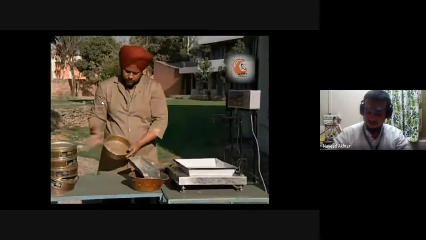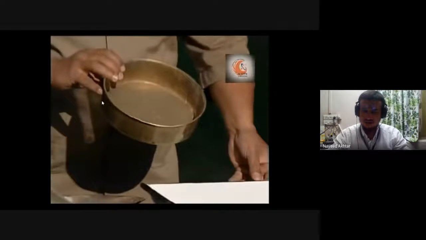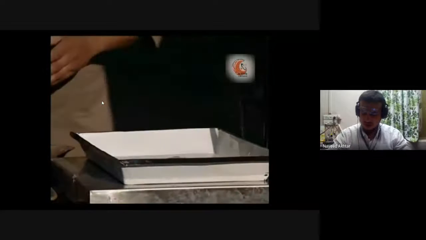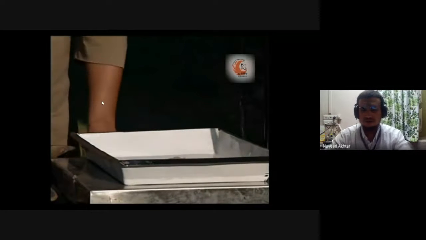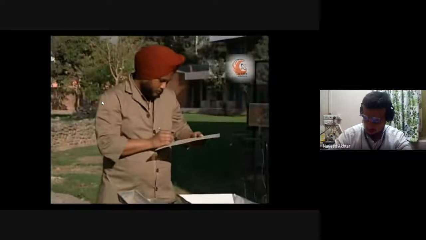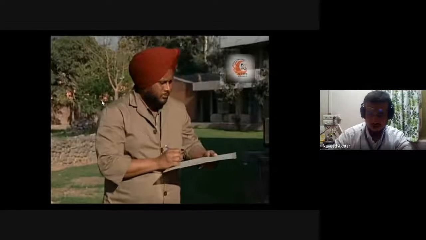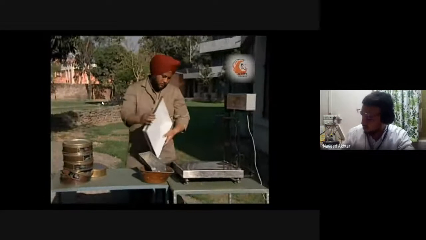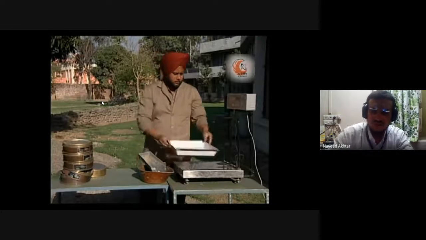And then you should find out the weight of the aggregate particles in the last, the pan. That is also recorded and measured.